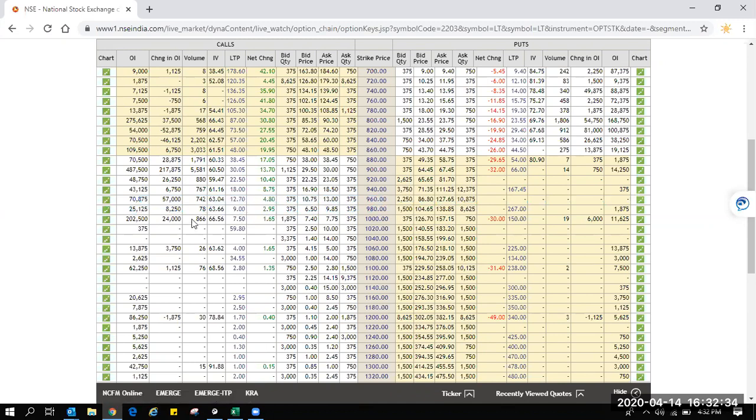This is how we can easily read the levels based on the option chain. It is not as per the charts. Charts can show different levels because they have many details inside. But in the option chain, you can easily get the levels where the maximum crowd is right now.